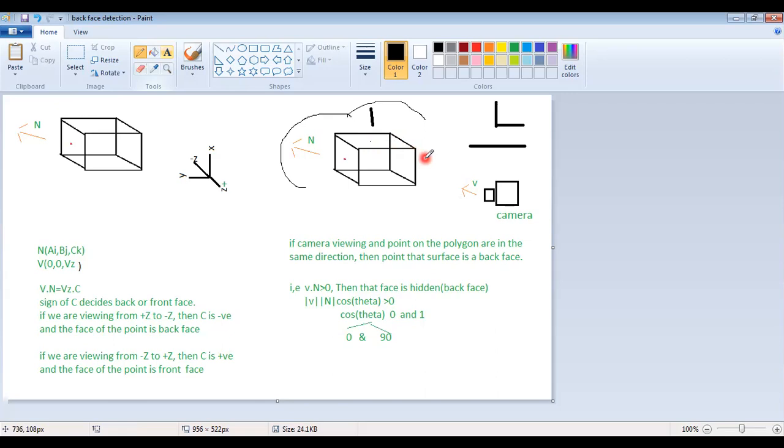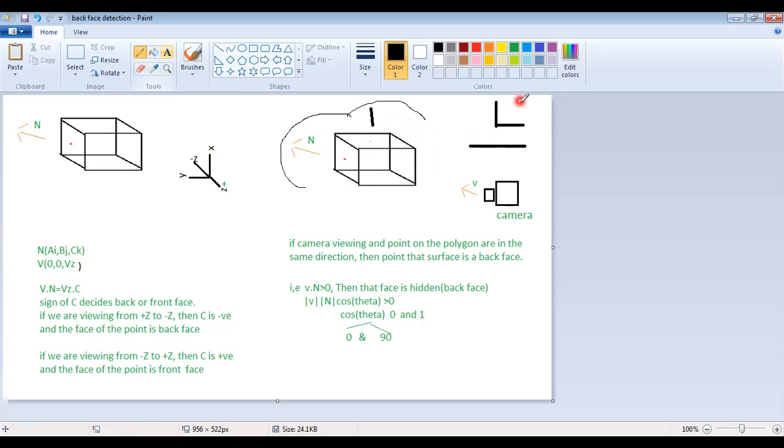Imagine when it starts rotating from above to below, when it comes to more than 90 degrees, this point will be visible for me. The visibility goes on increasing.